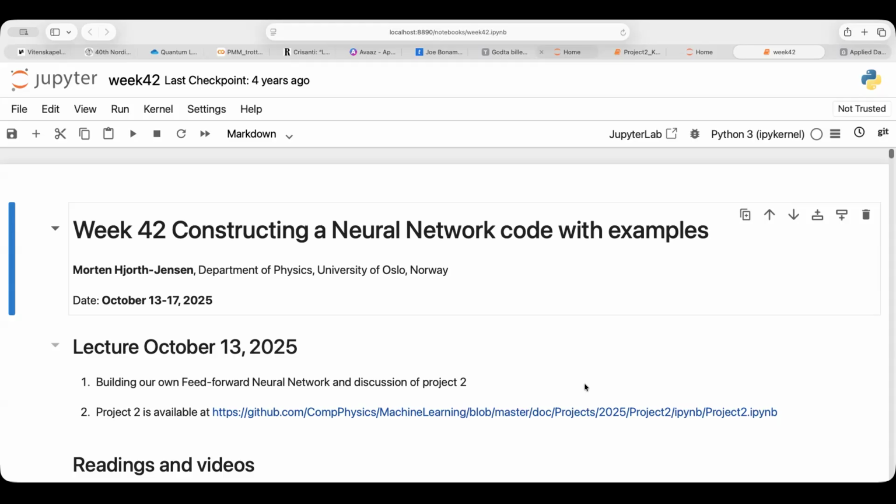So the exercises this week are essentially you setting up the back propagation path. If you combine the exercises from last week with the exercises from this week, you have the backbone, the main part of a neural network code.